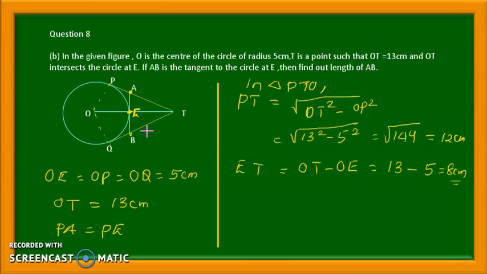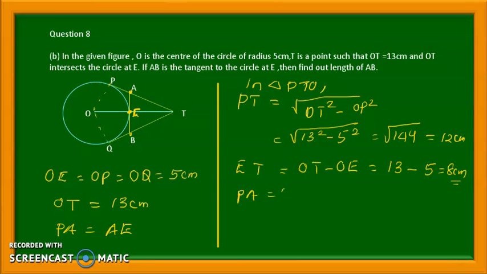Now look at this case here. AE and AP are equal. Tangents drawn from an external point to the circle are equal. Now what do we need? I am taking this PA.